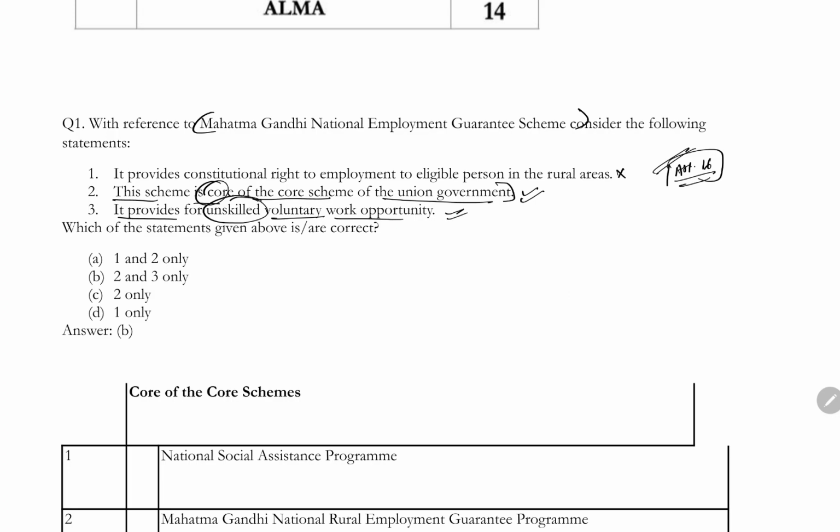This statement is also correct, because in MGNREGA people get employment in the unskilled sector, meaning you don't need skilling there. This is just manual labor. So the second and third statements are correct, and our correct answer will be option B.